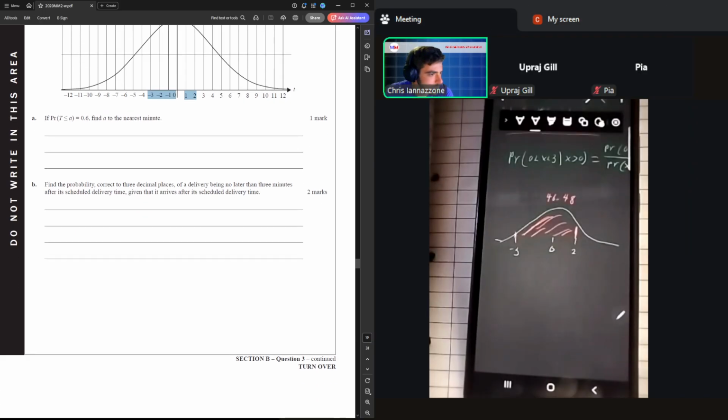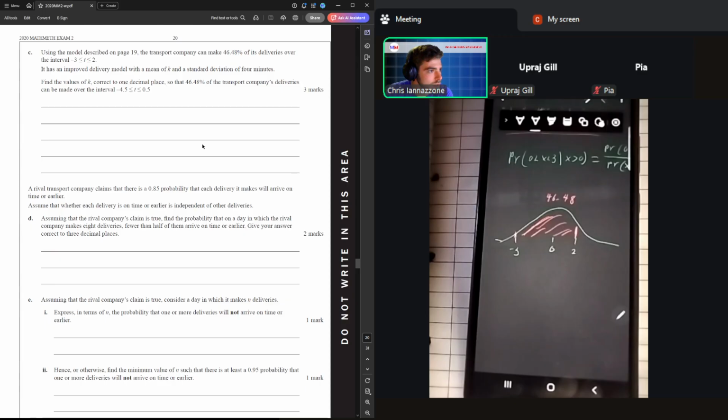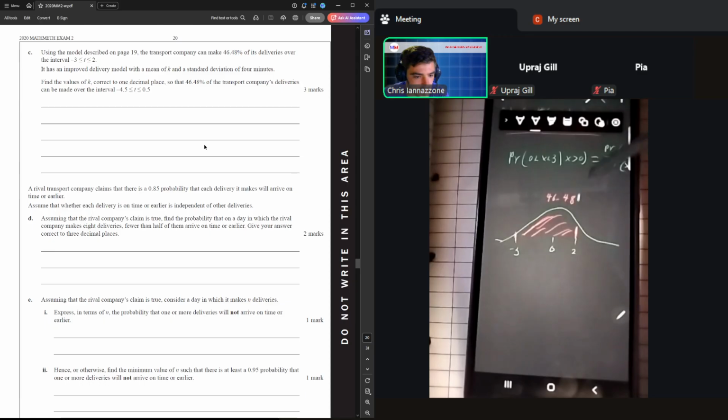And so yeah, we're told that key piece of information there, 46.48, is between those two probabilities. Now, what we want to have happen is that same probability between -4.5 and 0.5.